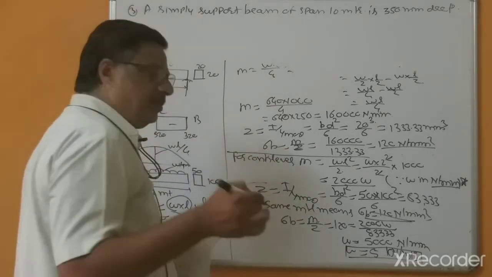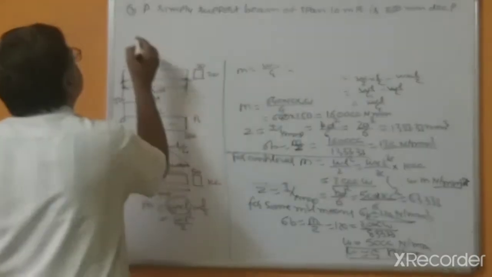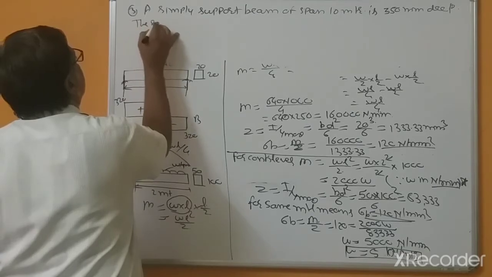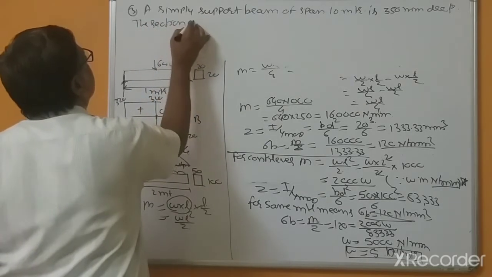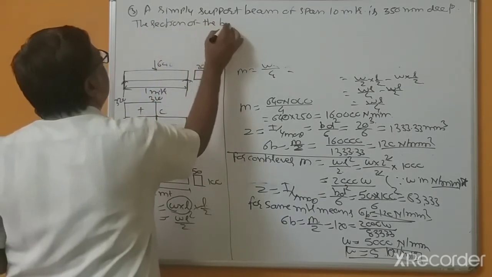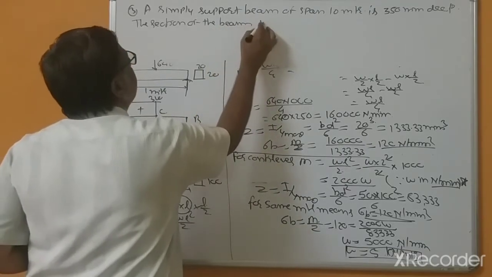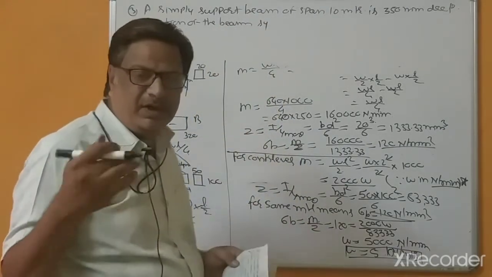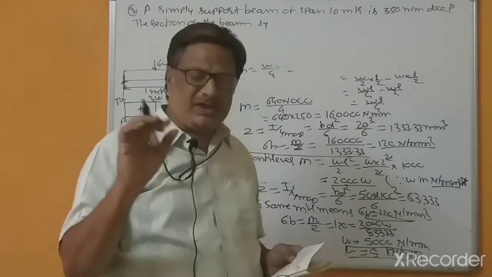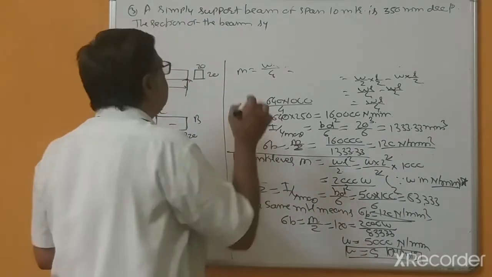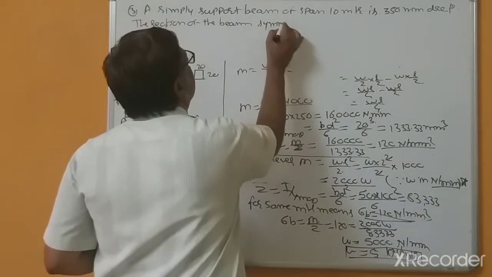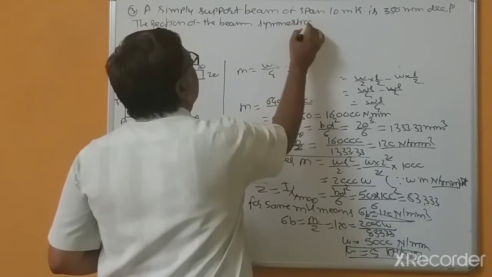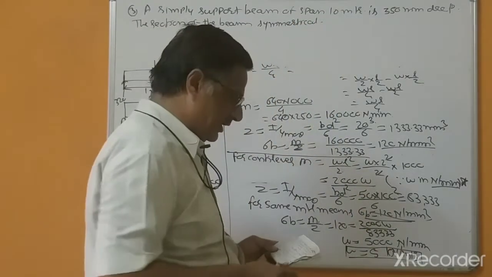The section of the beam is symmetrical. So that may be rectangular, I section, symmetrical. So actually this is about the neutral axis.